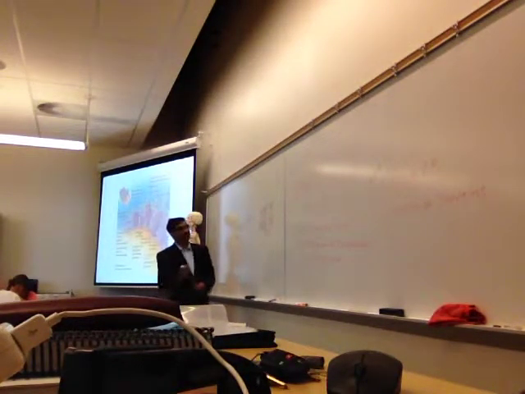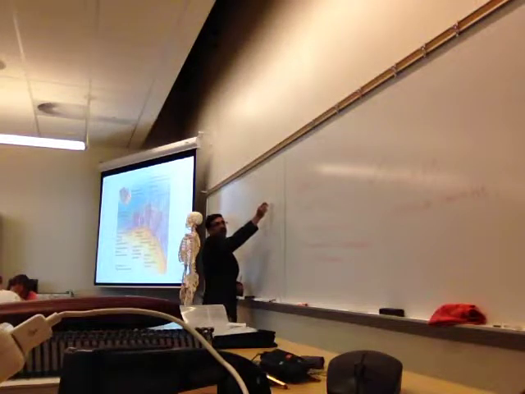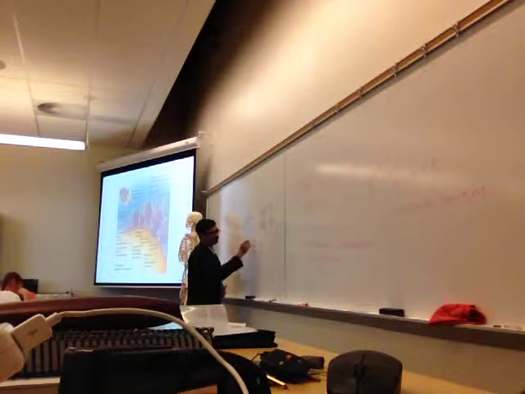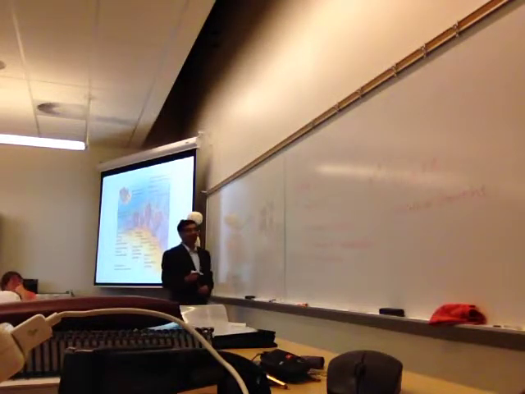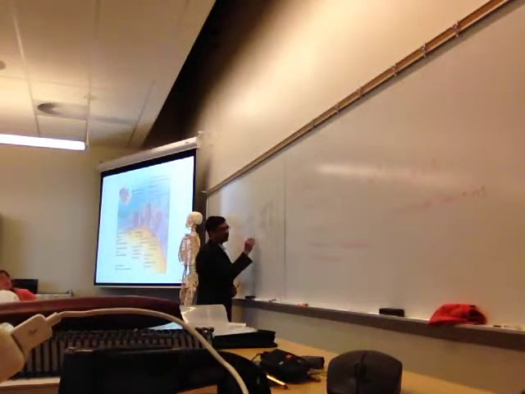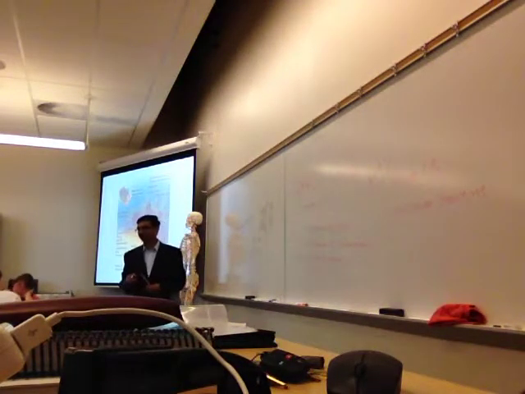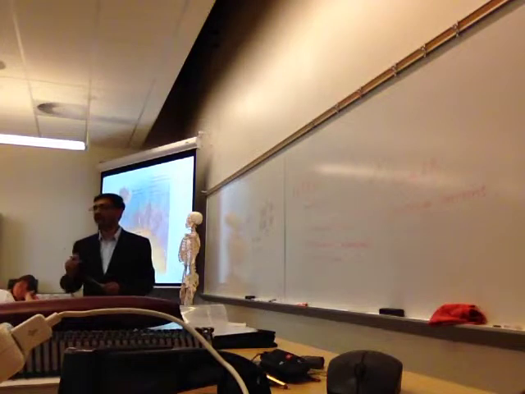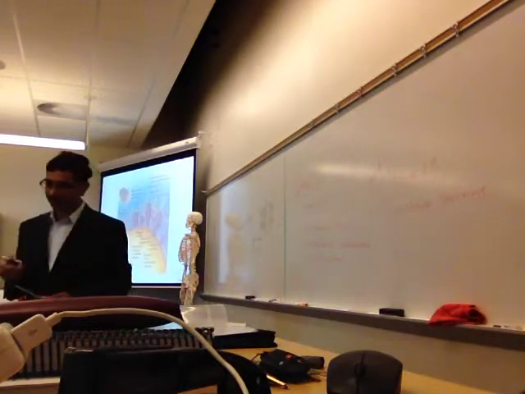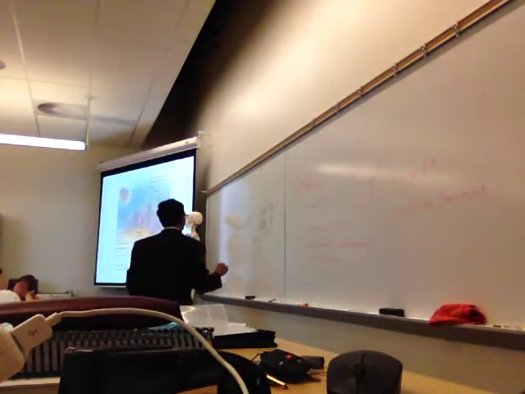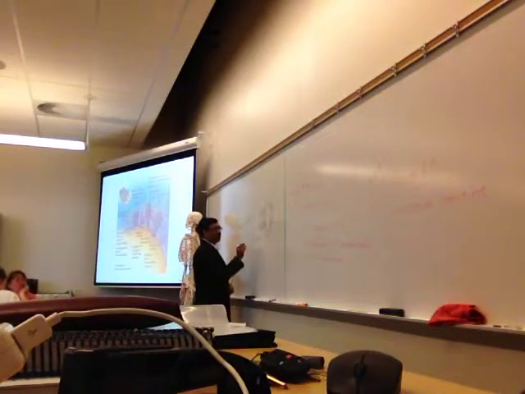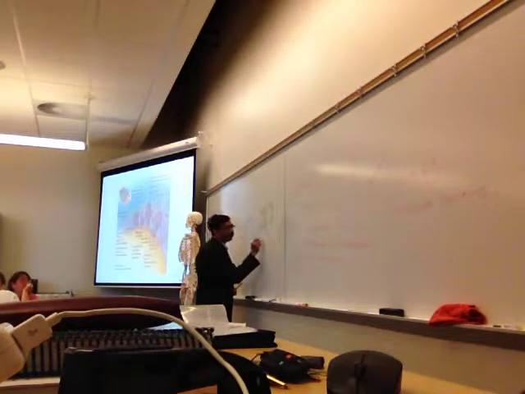Now, if we see one phospholipid unit, it is like this. It has a head part and a tail part. So each phospholipid unit has a head and a tail part. Head part is called polar.